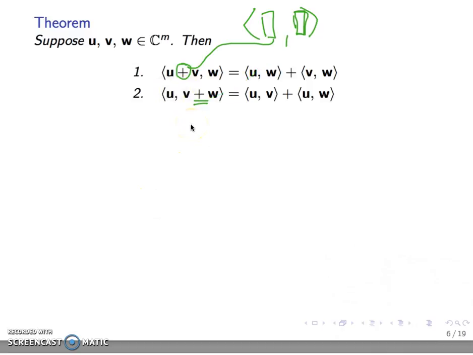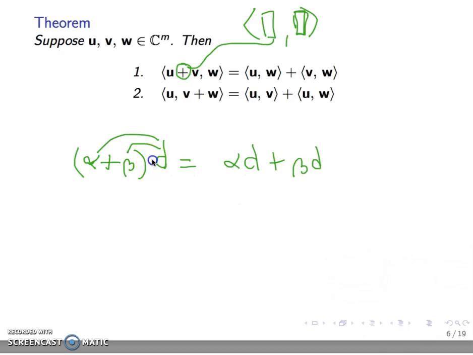You should think of these scenarios as, remember when we had scalars, if you have something like alpha plus beta, and that multiplies, say, a number that we called d, the properties of complex numbers would tell us that because of distributivity, that would become alpha times d plus beta times d. So with scalars there is a product and a sum, and something similar is happening in these properties.